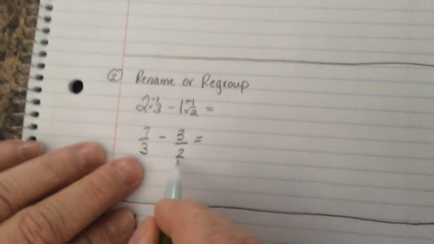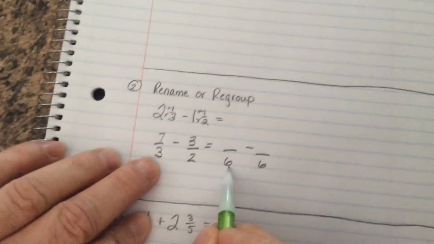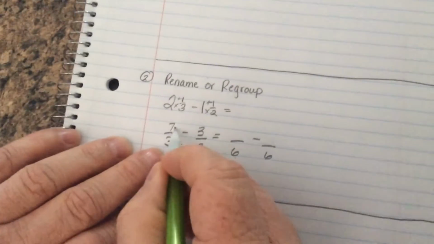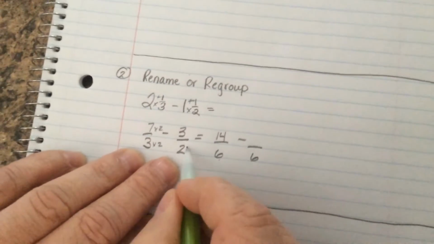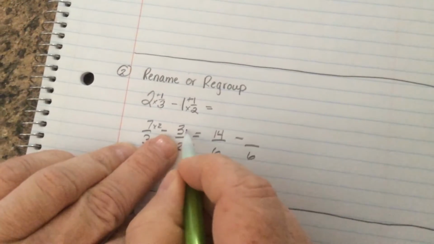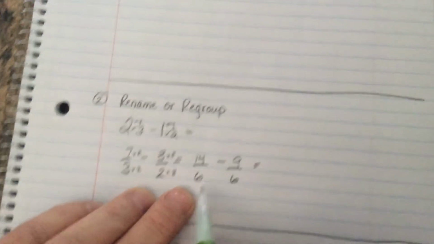Now, we have to find a common denominator, which would be 6 again, our least common multiple. 3 times 2 is 6, so 7 times 2 is 14. 2 times 3 is 6, so 3 times 3 is 9. So now we can subtract: 14 sixths minus 9 sixths is 5 sixths.